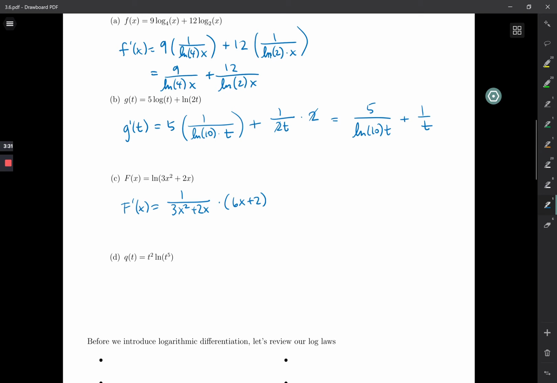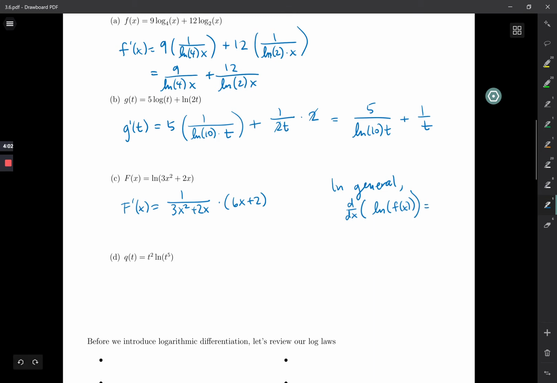So there is a pattern going on here that you may notice, and this is something you can use to maybe do your calculations faster, or it's just nice to keep in mind. If you want to take the derivative of natural log of some function, we have to use the chain rule, right?